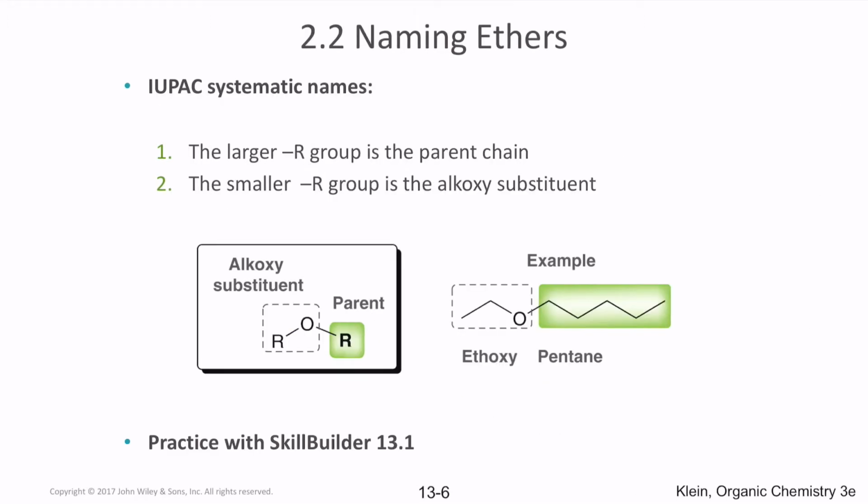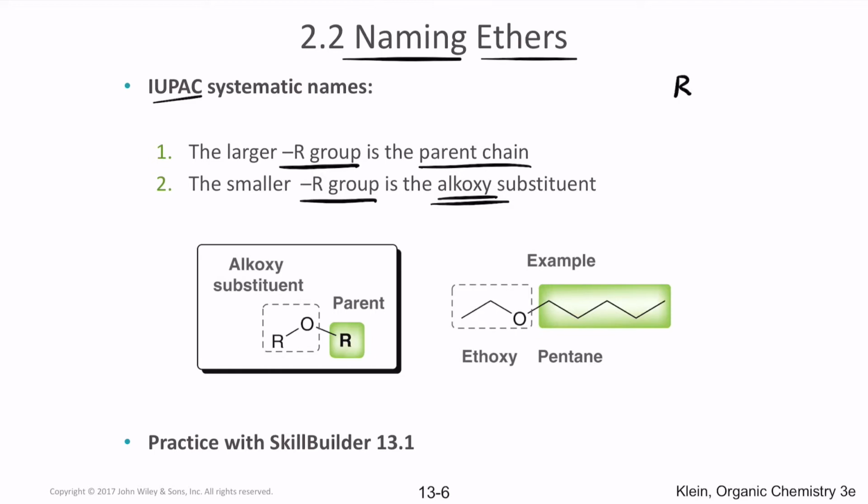Now let's discuss how you name ethers in the IUPAC nomenclature. In the IUPAC nomenclature, the larger R group is the parent chain, and the smaller R group is called the alkoxy substituent. Whenever we write this structure, we write it as an alkoxy group. What does that mean?